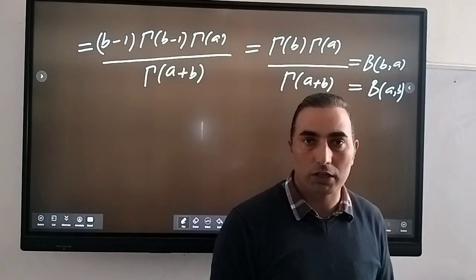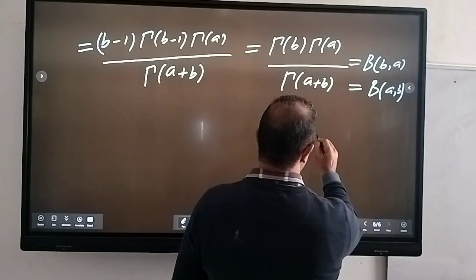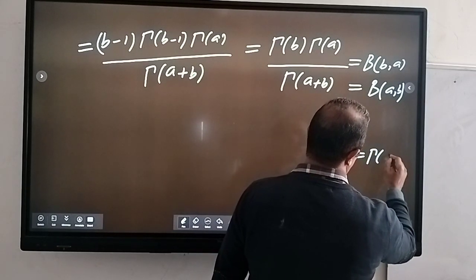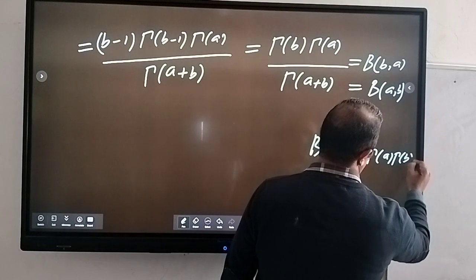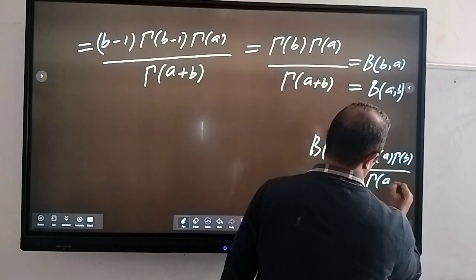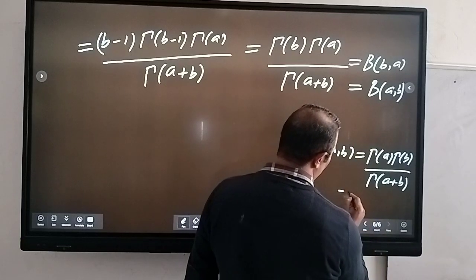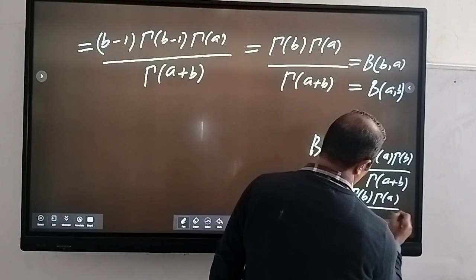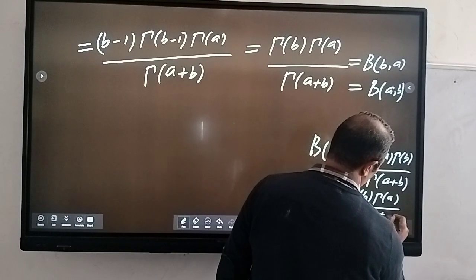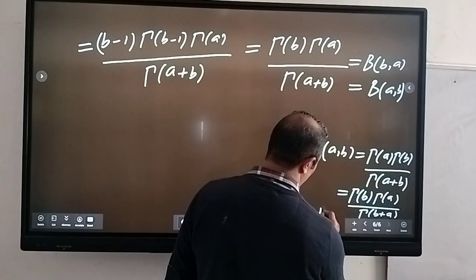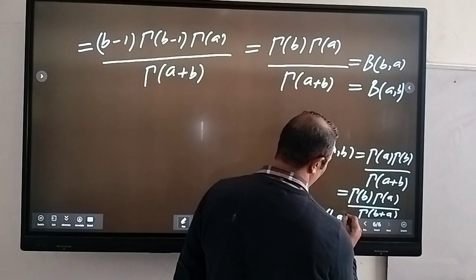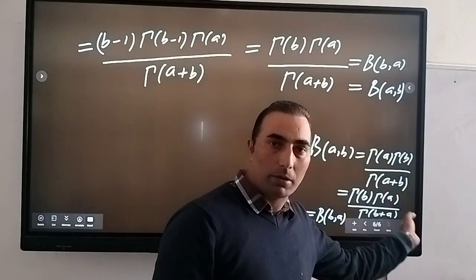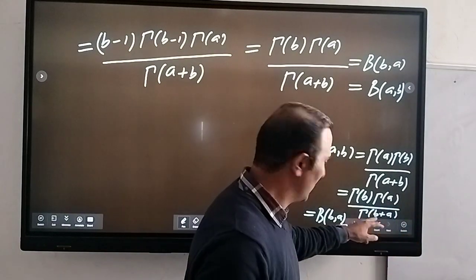Because it is symmetric. We know that beta of A, B equals gamma A gamma B divided by gamma of A plus B. So I can rewrite this as gamma B, gamma A divided by gamma B plus A, right?